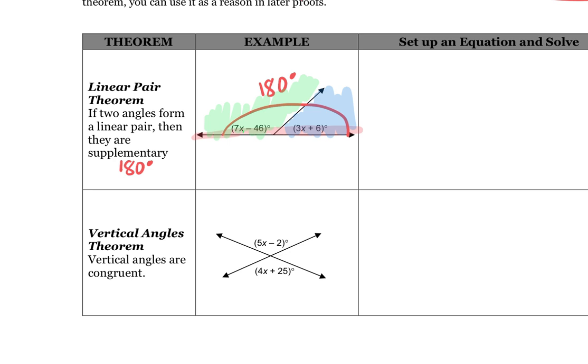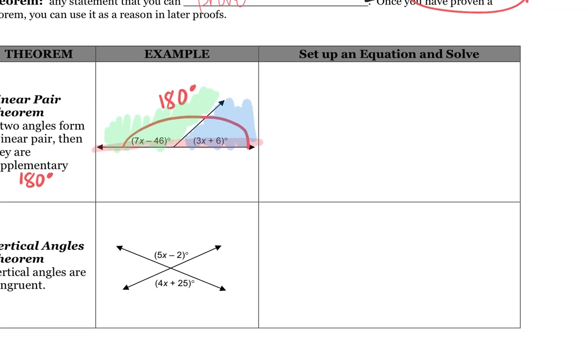Now, we need to prove that this is true. If two angles form a linear pair, then they are supplementary. Well, clearly it looks like it's true. These two angles, if they were to be added together, they should be 180, and they are supplementary. This is true.